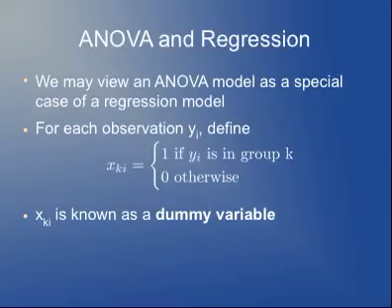So, it turns out that you can view ANOVA as a special case of regression, and personally, I prefer to think of ANOVA that way. I mean, you can also define ANOVA in terms of sum of squared errors and a number of things like that.